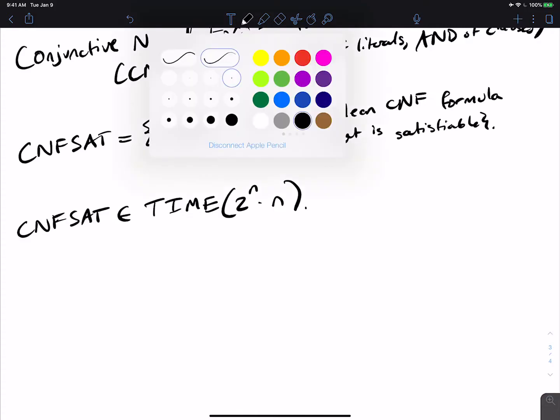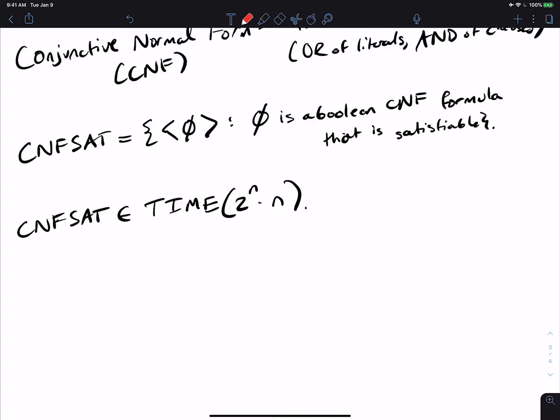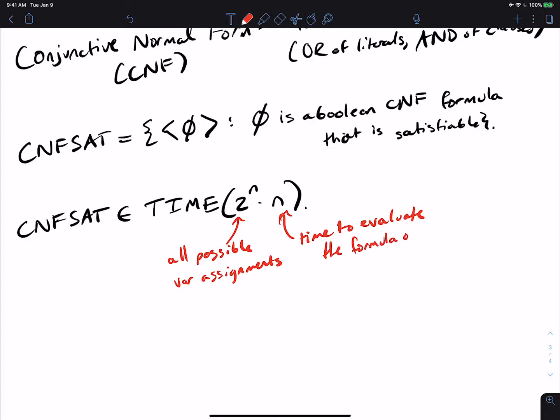And why is that? Well, we can just try all possible variable assignments. So the 2 to the n here is all possible variable assignments. And the extra n that's multiplied here is just the time to evaluate the formula once per variable assignment. So we make an assignment to the variables, we evaluate the formula, see what happens, and if it evaluates to true, we stop.